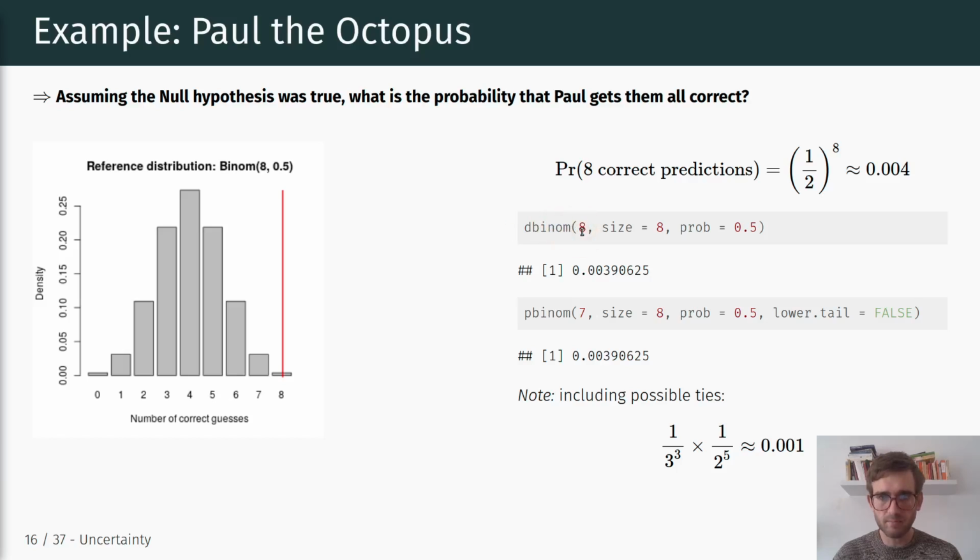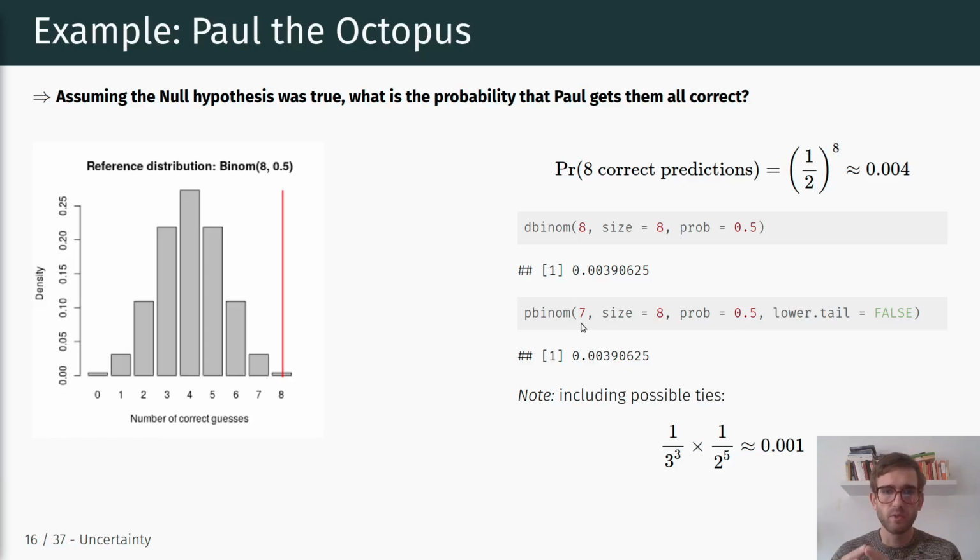One is dbinom, since the binomial distribution is a discrete random variable. dbinom directly gives us the probability for that specific outcome. So dbinom 8, size 8, probability 0.5 is equal to 0.004, so exactly what we computed here.